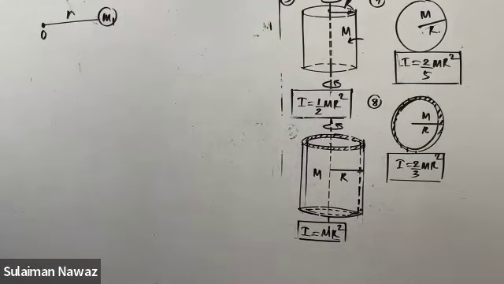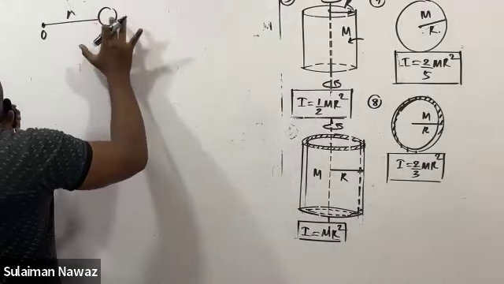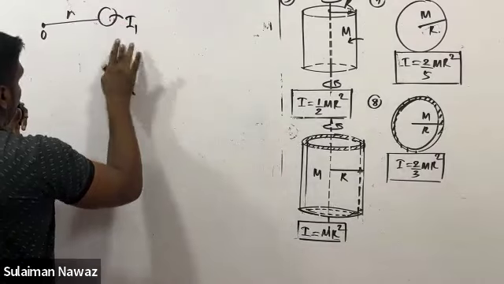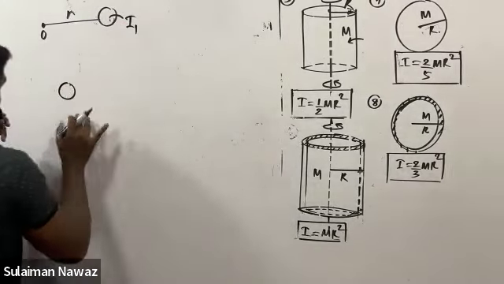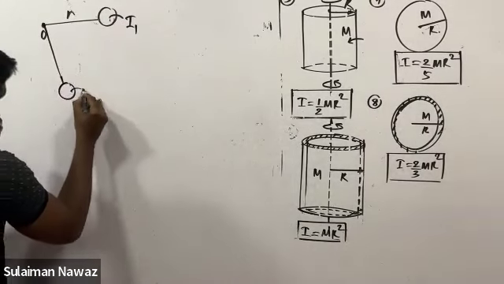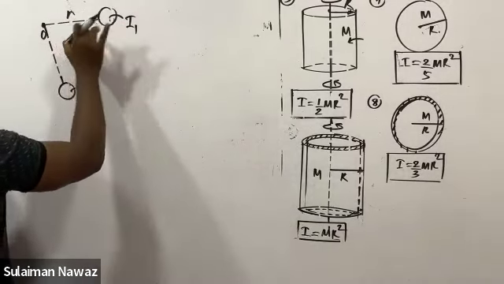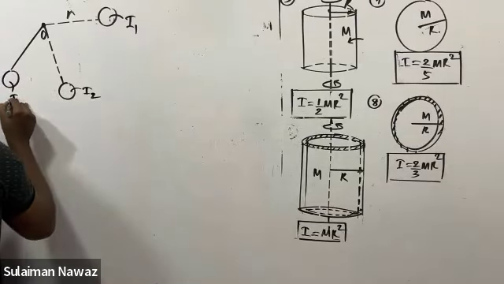There are M1, M2, M3, likewise many masses. Let's say this mass's moment of inertia about this axis is I1. There's another mass, whose moment of inertia about this axis, let's say, is I2. And this mass's moment of inertia is I3.